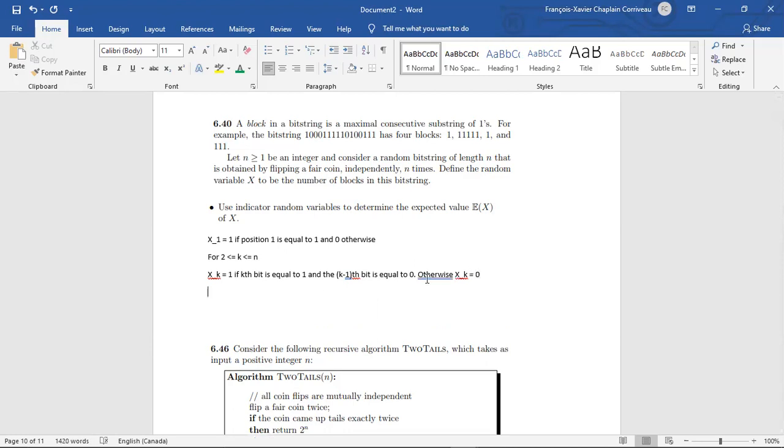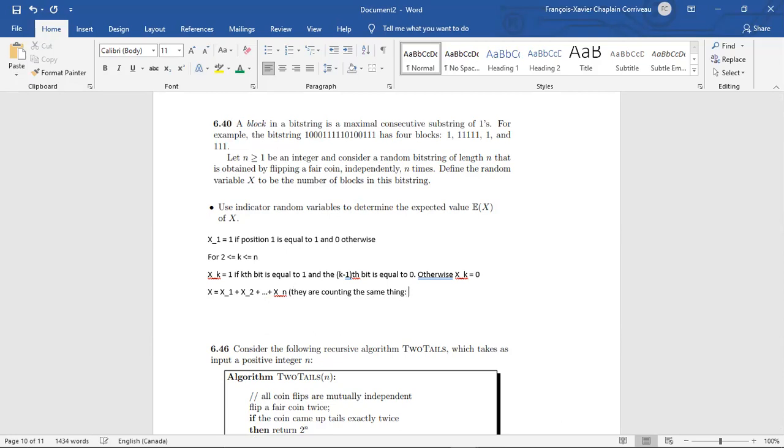Now, the thing that you want to convince yourself about, and in an exam, how do you justify this? What I'm going to write now is that x, the number of blocks that I have, is equal to x1 plus x2 up to xn. How do you justify this? You really just say they are counting the same thing.